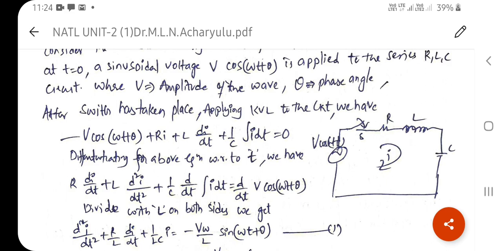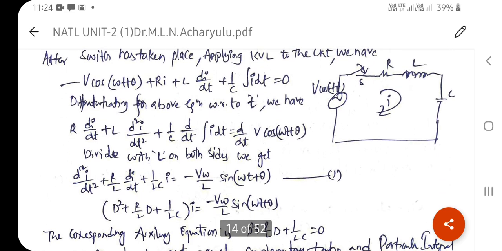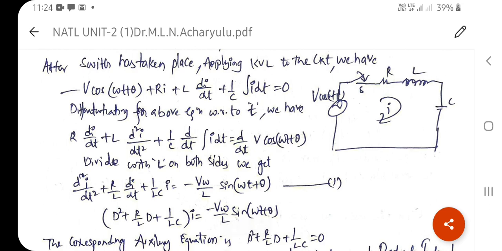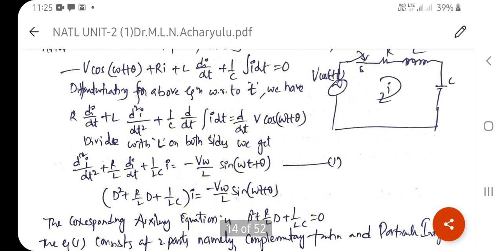Dividing by L on both sides, the resultant equation is d square I by dt square plus R by L dI by dt plus 1 by LC into I equal to minus V omega by L into sine of omega t plus theta.